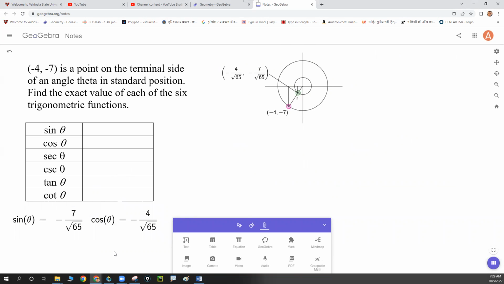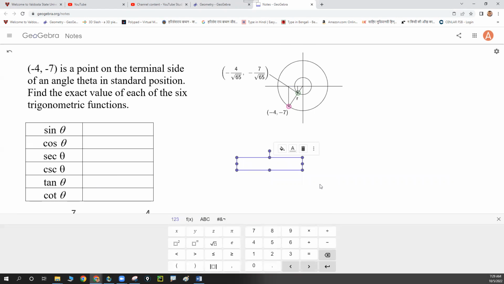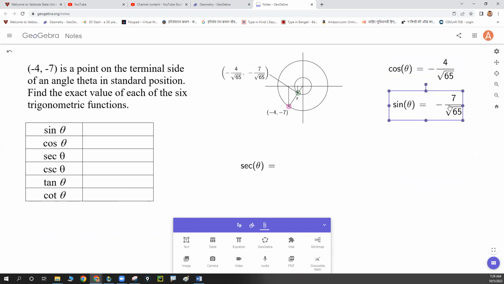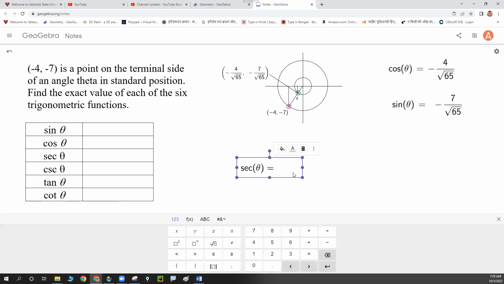Secant is simply the reciprocal of cosine. So that's something I can handle. Secant theta is the reciprocal of cosine. Actually, I'm going to put it here so that I can see them better. Secant is the reciprocal of cosine.